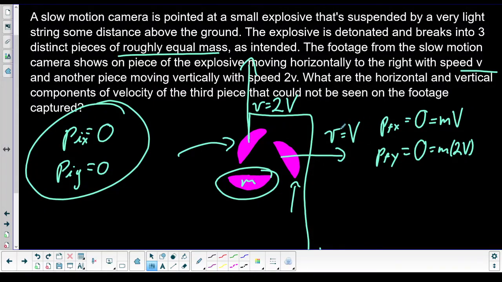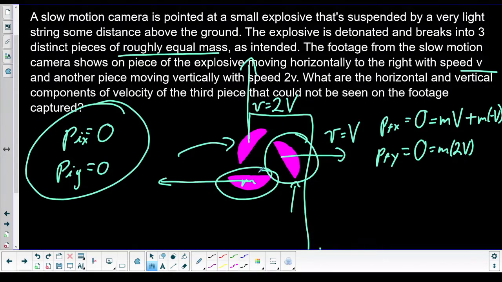So for it to cancel the momentum of this piece, it needs to have mv momentum, but in the opposite direction. So it has m times negative v, because the direction comes from the velocity. It needs to be going just as fast as this piece horizontally so that its momentum in the x direction cancels the momentum of this in the x direction.